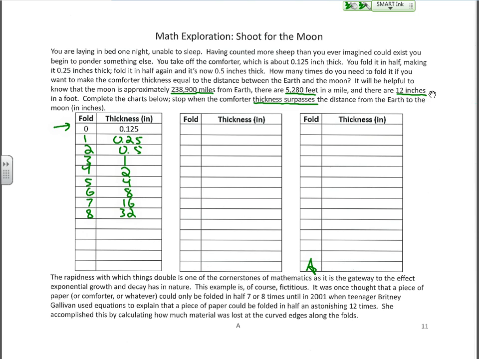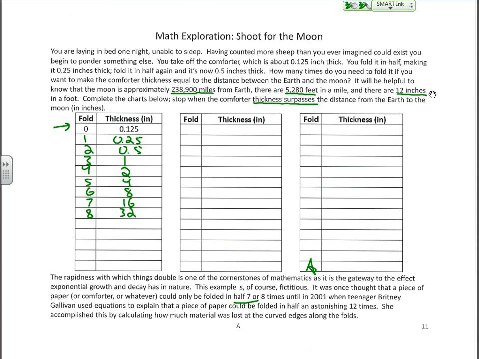In actuality, humans can only fold something 7 times in half, or 8 if you've got super strength. But it doesn't matter how big that something is. If it's just a loose leaf piece of paper, or a blanket, or a large piece of bulletin board paper, whatever it is, you can only fold it 7, possibly 8 times.